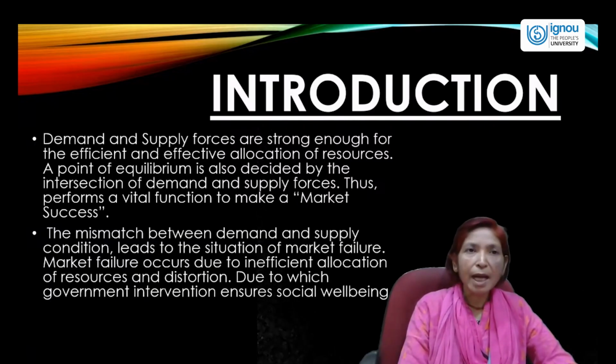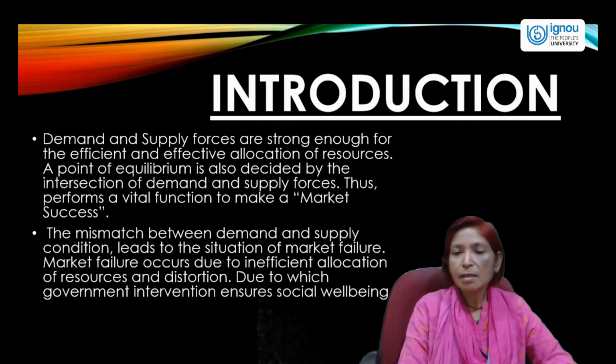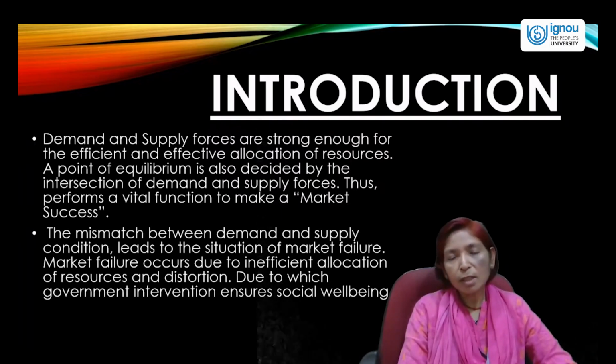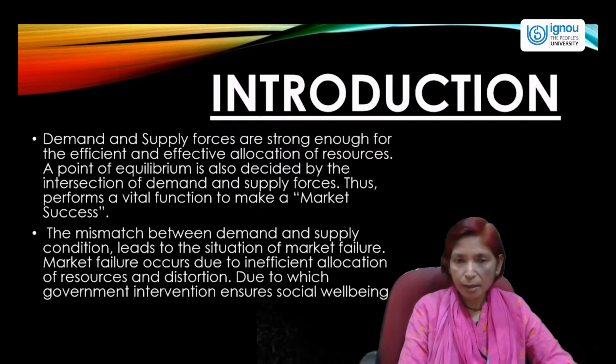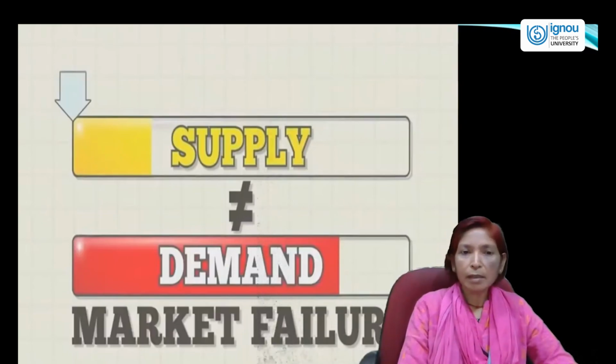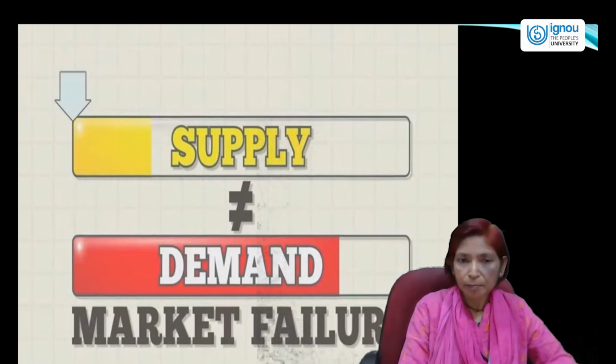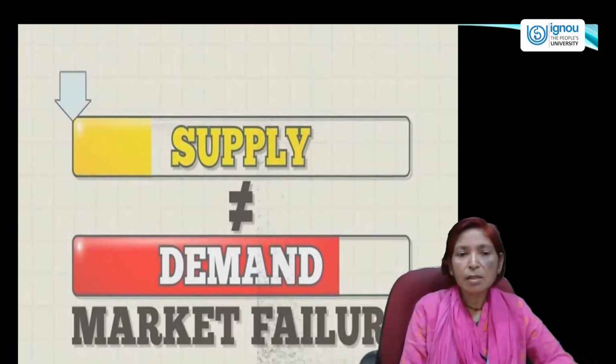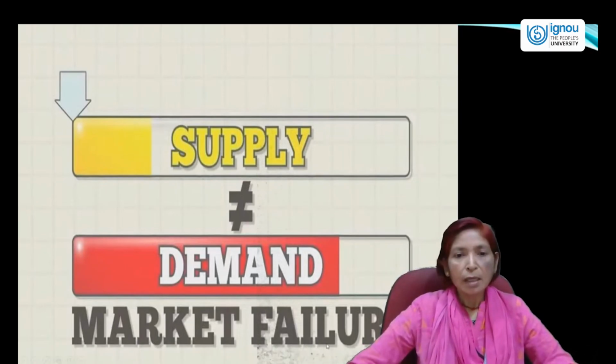If there is a mismatch between demand and supply, then it leads to the situation of market failure. Here, supply is not equal to demand. When supply is not equal to demand, here supply is very less, but demand is very high. Demand is higher, but supply is lower.